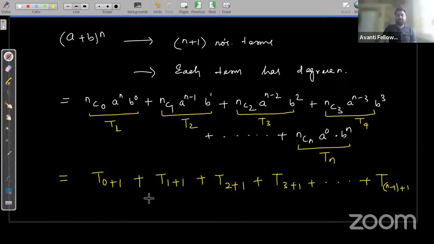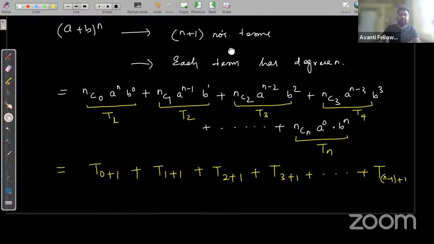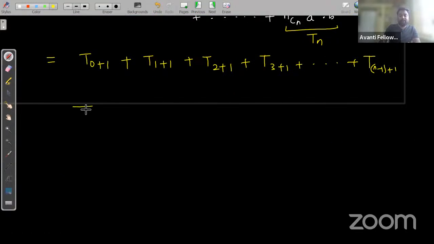Okay. So in general, why are we writing t1, t2, t3 and t4 in this way? Because we need to find the general term of the binomial expansion. If I ask you to find the general term t(r plus 1) of the binomial expansion, what will it be, guys?